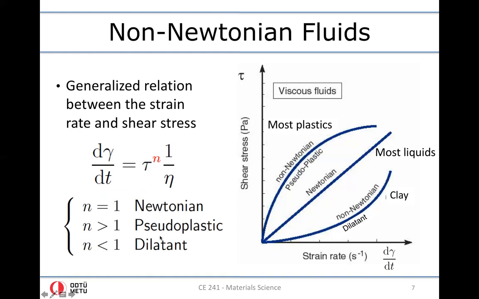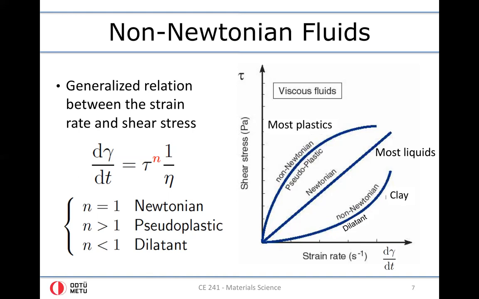When n is greater than 1, the fluid becomes pseudoplastic, in other words, shear thinning. This would mean, again, when you increase the rate of the loading, it becomes easier to flow. When n is smaller than 1, then we have dilatant, in other words, shear thickening materials.